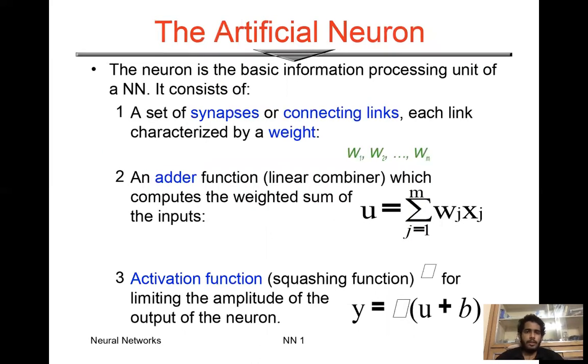Let us discuss artificial neurons. The neuron is the basic information processing unit of a neural network. It consists of a set of synapses or connecting links, each link characterized by a weight; an adder function which computes the weighted sum of the inputs; and an activation function for limiting the amplitude of the output of the neuron.